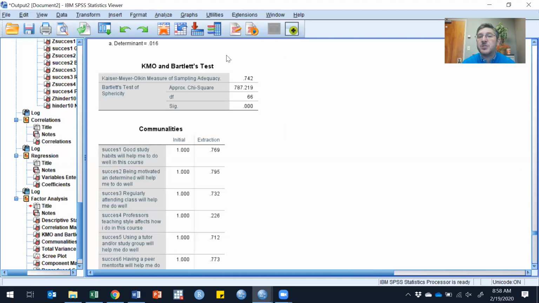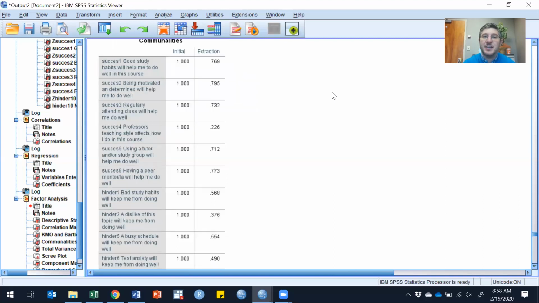You can look at the Beavers article on Canvas, and in my notes there are different ways to interpret this. I think you usually want the KMO to be greater than, say, 0.6, I believe. And then Beavers gives different terminology for interpreting it, like meritorious, middling, I forget all the different names they give.